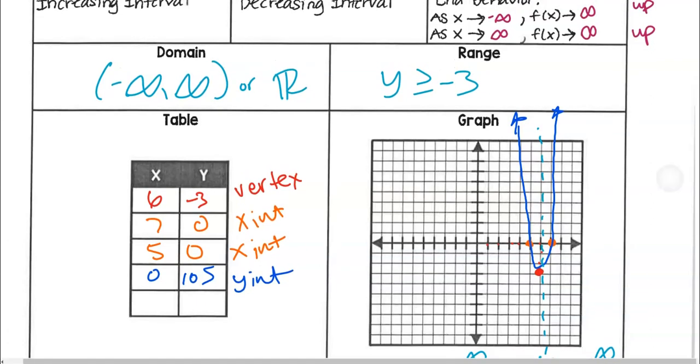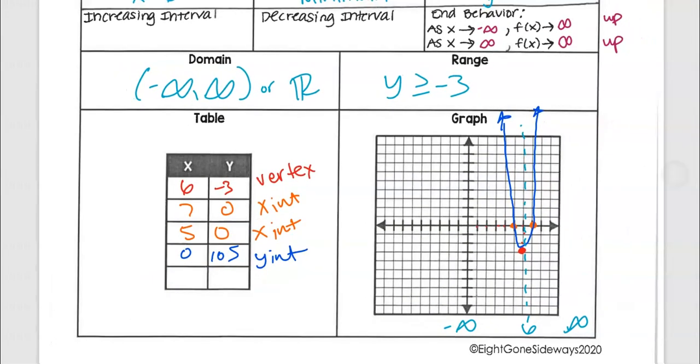We are falling down first. So we are decreasing between -infinity and 6. And I keep walking, I'm going to go up. So between the x values of 6 and infinity, my y values are increasing in value as we walk up.